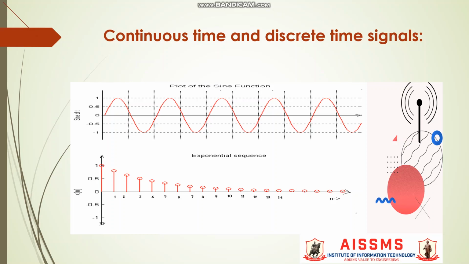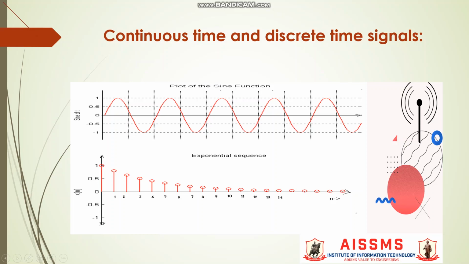A signal which is defined at every instance of time over some time interval, or which is continuous in time as well as continuous in amplitude, is called a continuous time signal. Here is an example of such a signal, which is a sine wave as seen. It is generally represented as x of t.